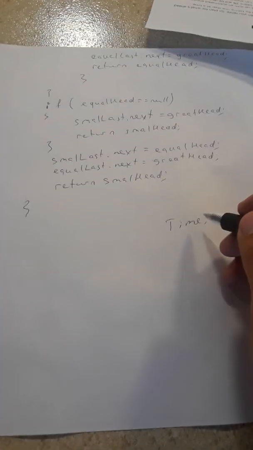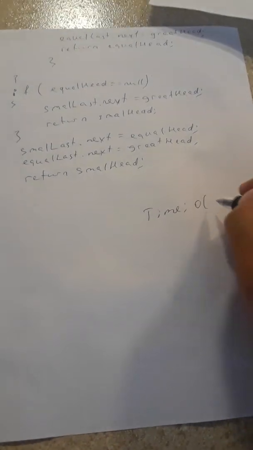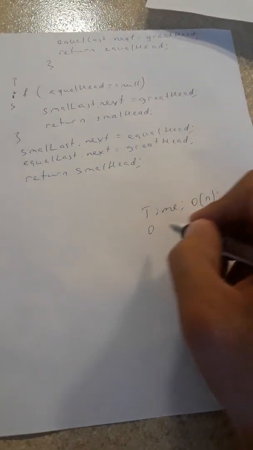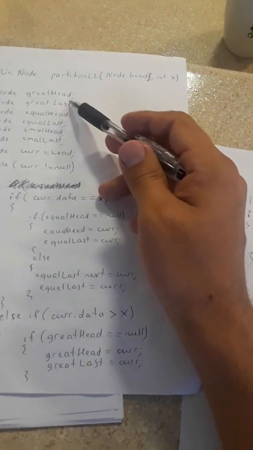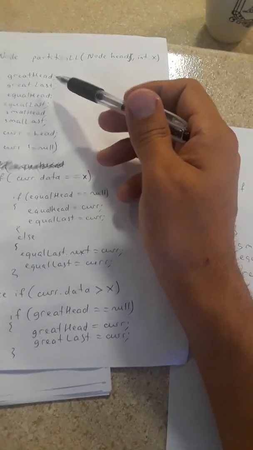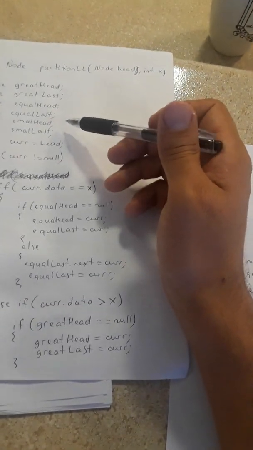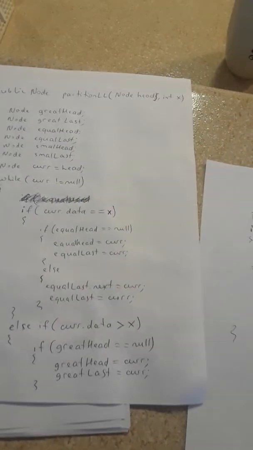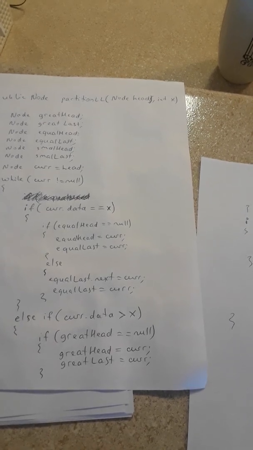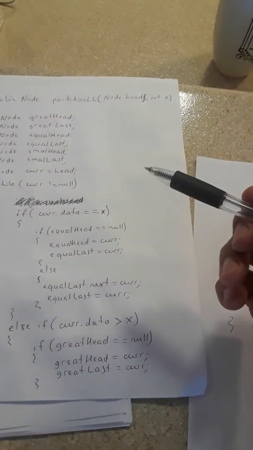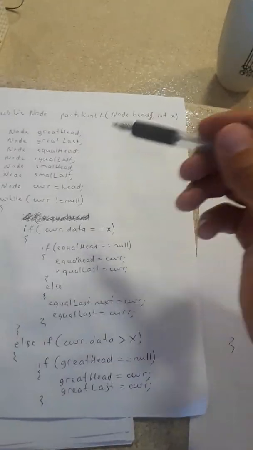So the time complexity will be order of n, and space will be order of constant, because we're declaring 7 variables, but they are not additional data structures, and it doesn't depend on the number of elements in the list. It will stay constant.